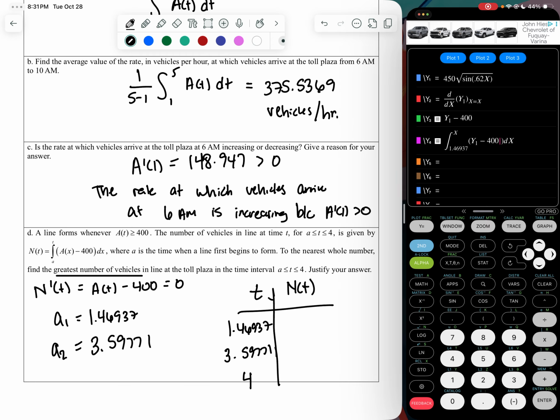Well, if t is the same value, then that's just going to be 0. That's essentially when that line starts to form.